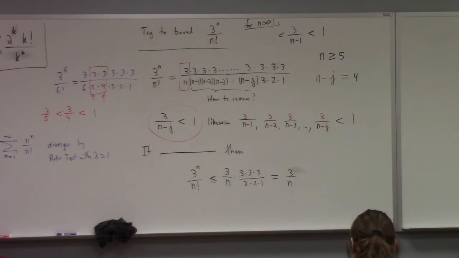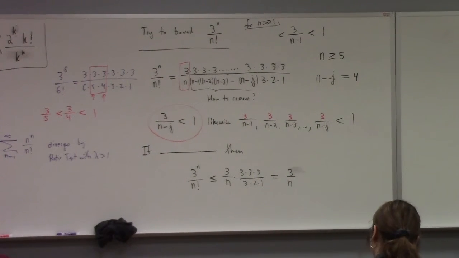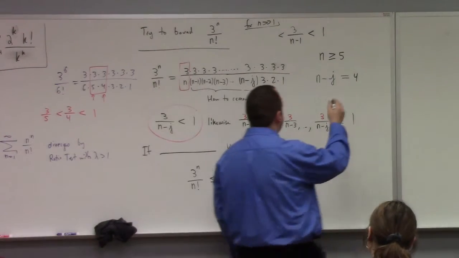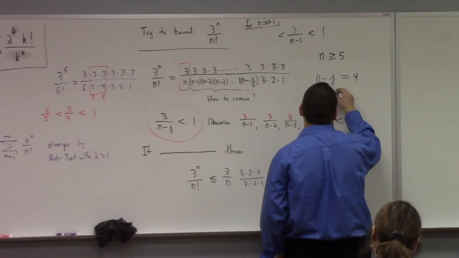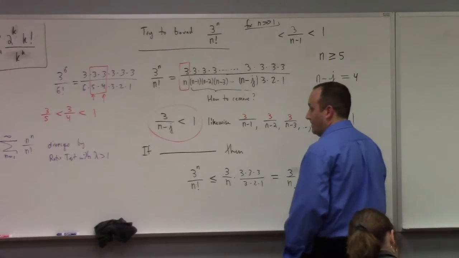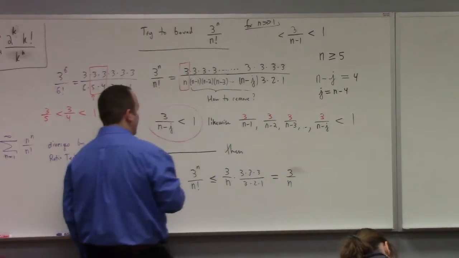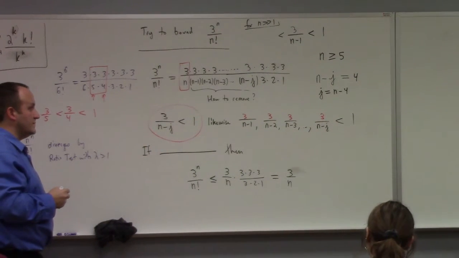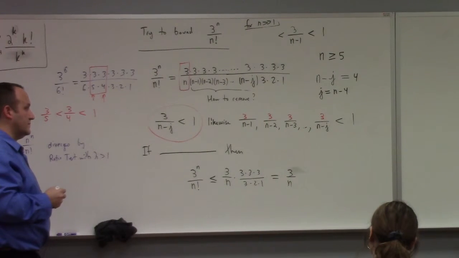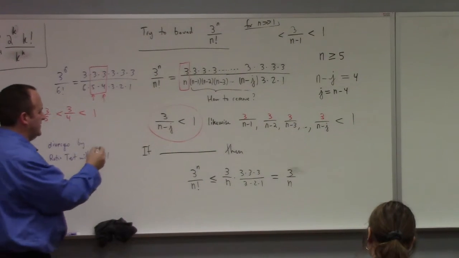I need n to be large enough so that 3 over n minus j is less than 1. How big does n have to be to make that happen? Where j is what? Oh, I mean, this is 3/4, isn't it?